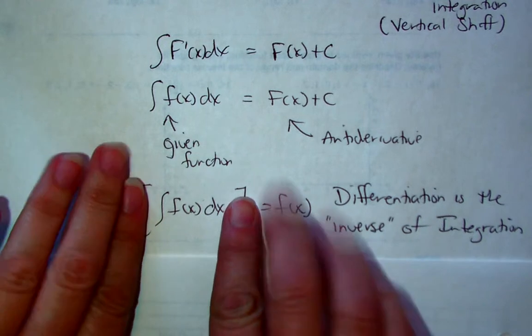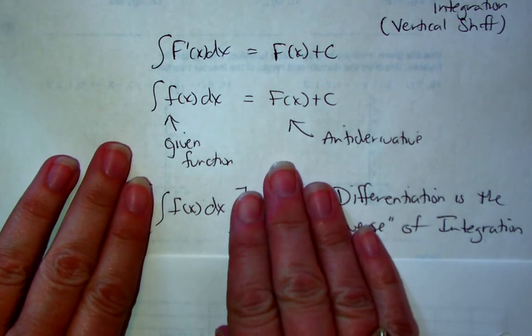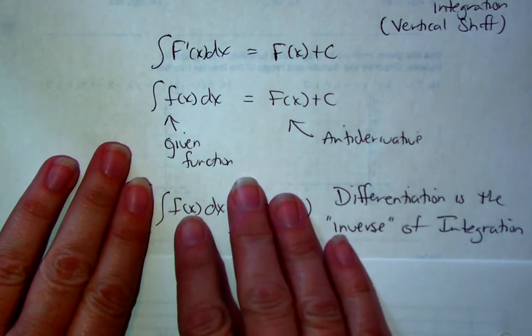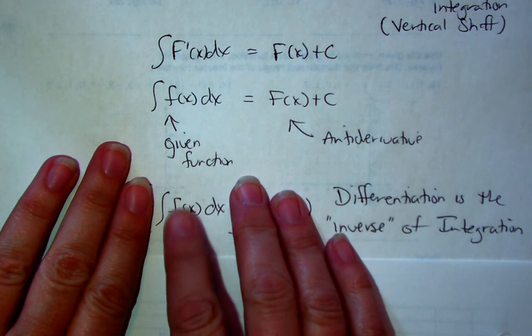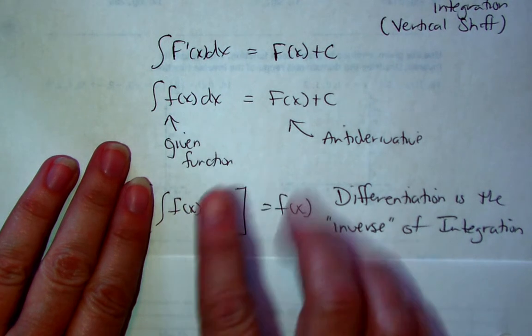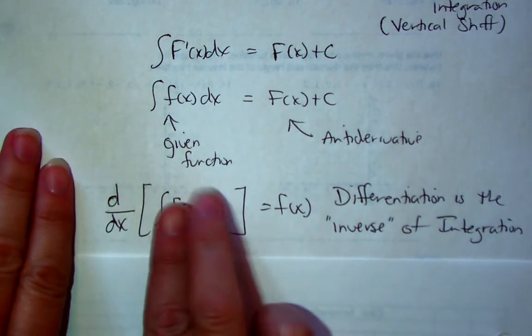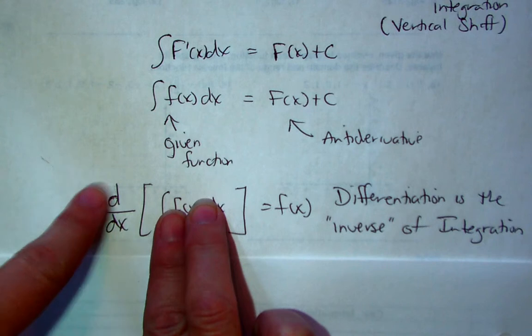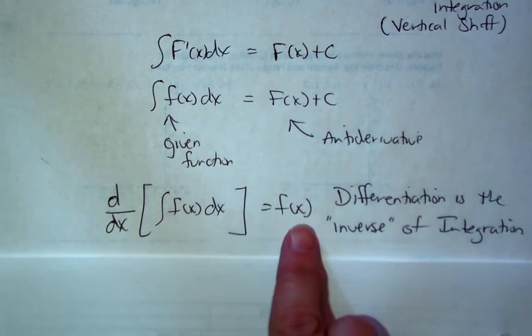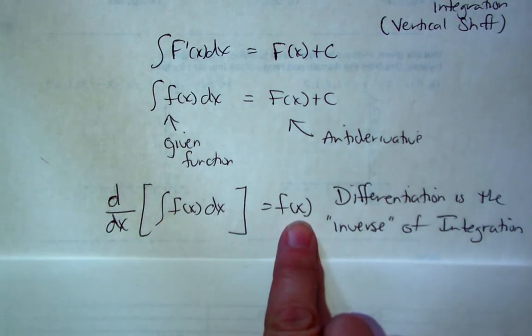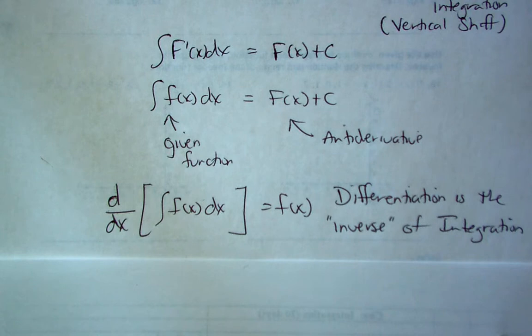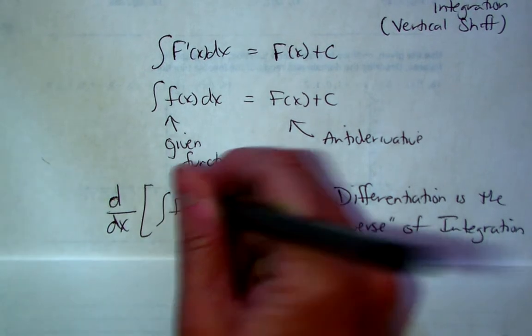Here, this is what we're learning today: when you integrate this, which is like the first derivative, you're going to go back to the original. Now if I take the derivative, you're going to go back to this function, which is the first derivative. In fact, maybe let me write it like this.